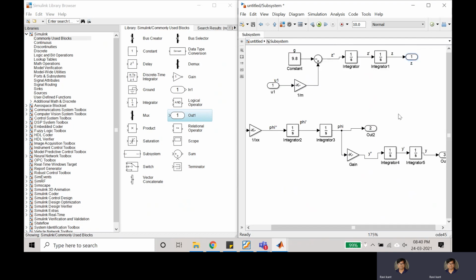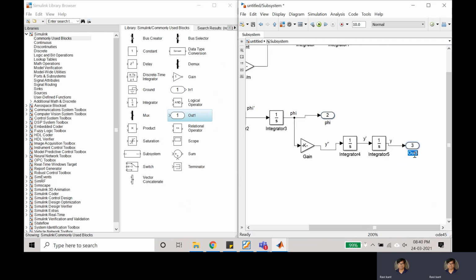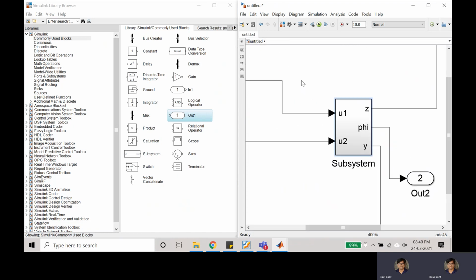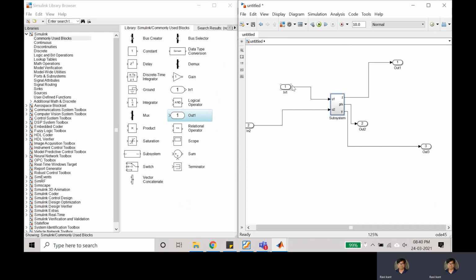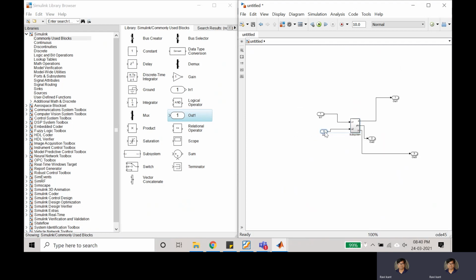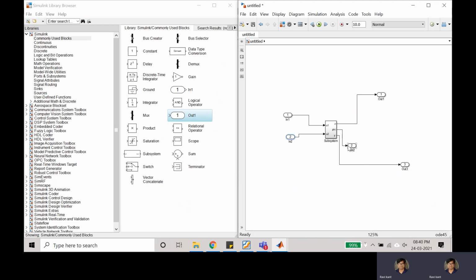This is my z, this is my phi, this is my y. So it has been reflected over here. Okay, so this has 2 inputs and 3 outputs.